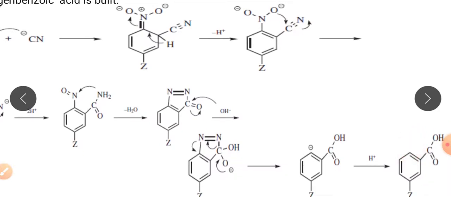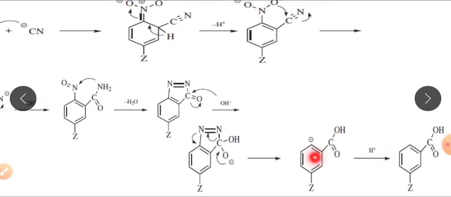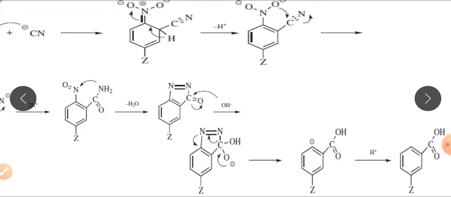So appearance of deuterium at this particular position is an indication that this particular C negative will be synthesized during the course of reaction. So this is again a very strong evidence that proves that this particular species has been synthesized during the von Richter rearrangement reaction.